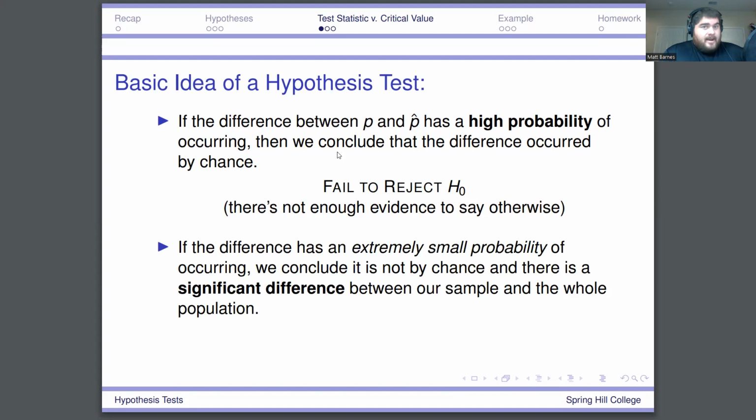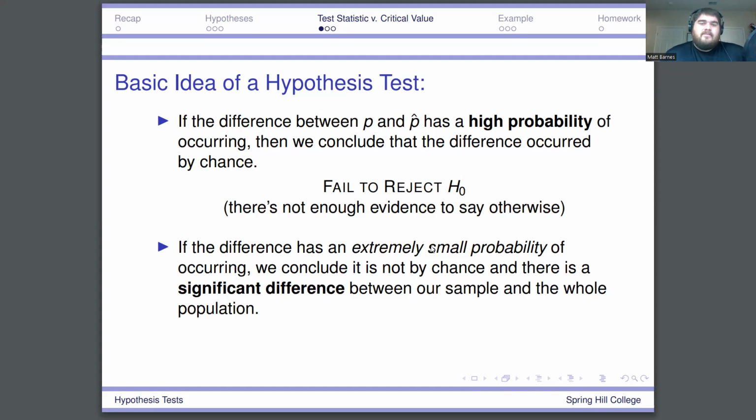Now, on the other hand, if we take our sample and it's way off, then it has an extremely small probability of being way off. And so what we're assuming here is, if we're being told the truth about our population proportion and I get a sample that's way, way off what I expect, then the likelihood that that occurred just by random chance is really low. And if that's really low, then the likelihood that something else is going on has to be really high.